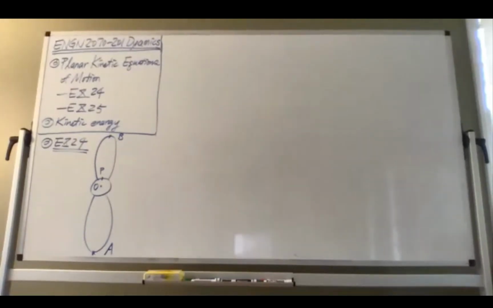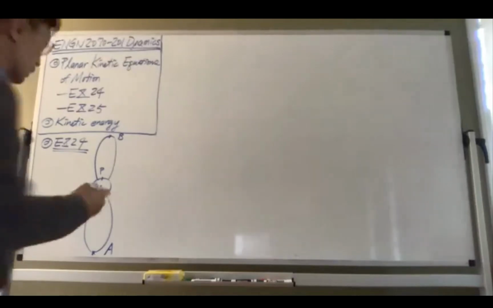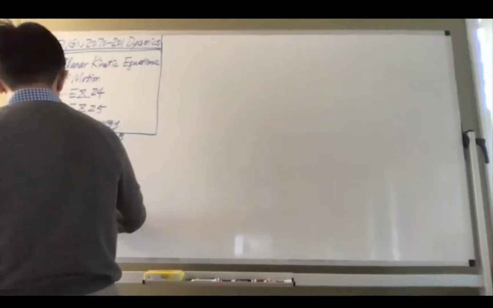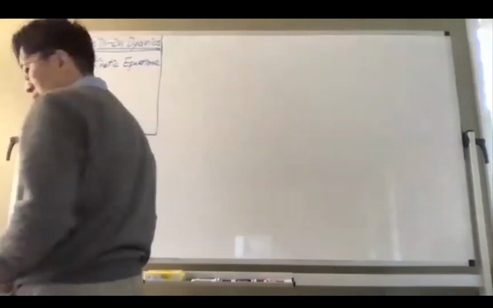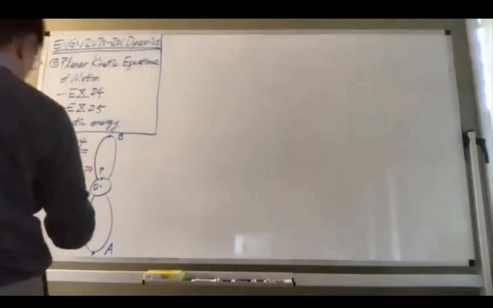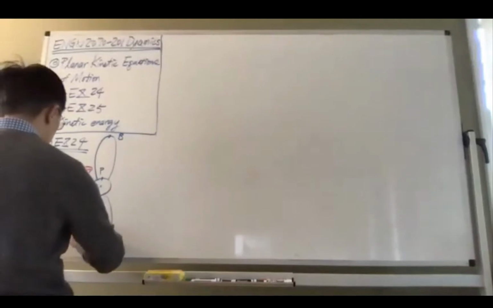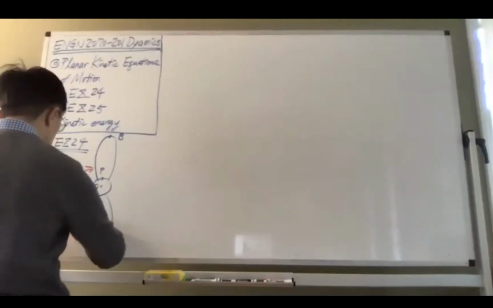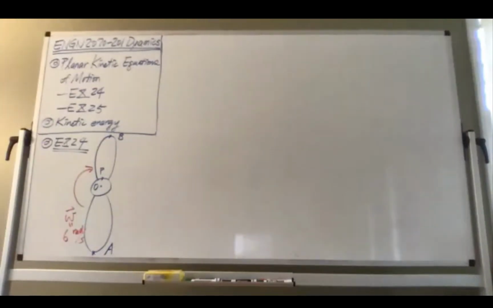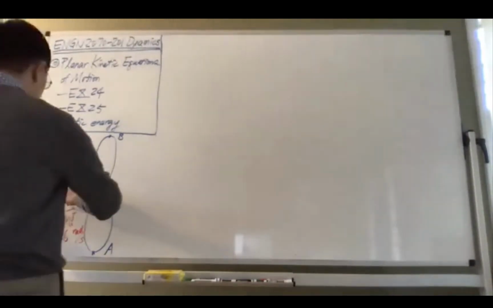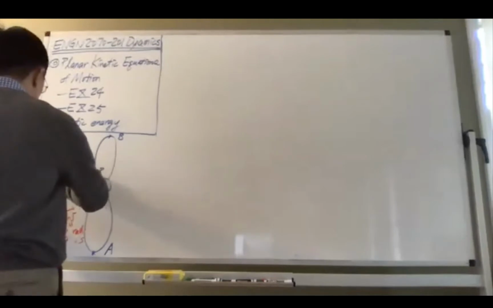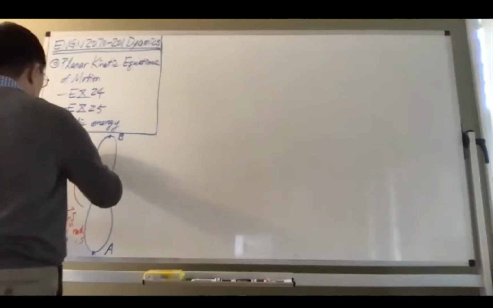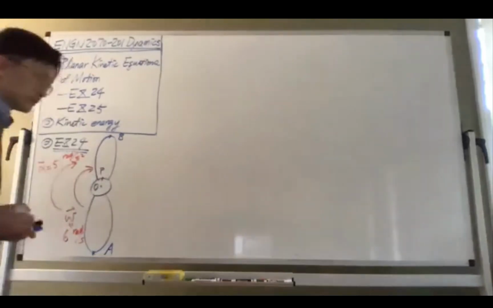Now, this fan is subjected to an angular velocity, omega, of 6 radians per second, and is also subjected to an angular acceleration, alpha, of 5 radians per square second.